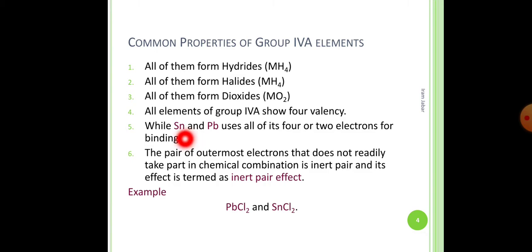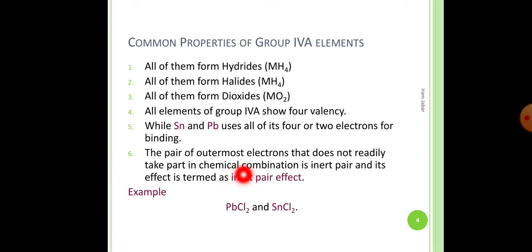In some cases, tin and lead use 4 electrons for binding purposes, and in some cases, these two elements, tin and lead, use 2 electrons for binding purposes, and 2 electrons act as inert pair. Inert pair is that which is not involved in bond formation.